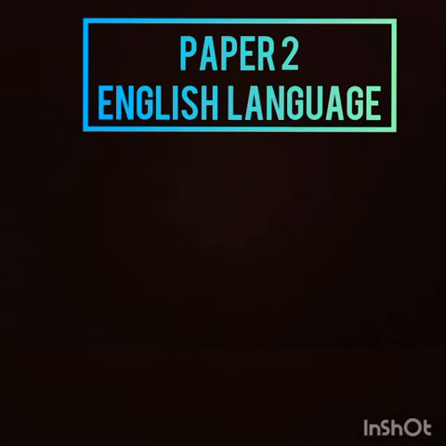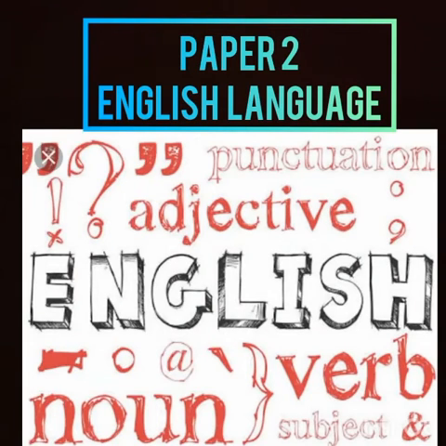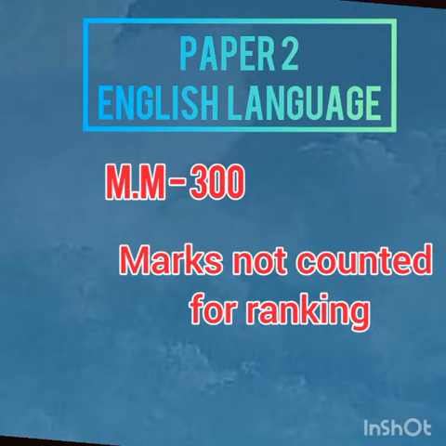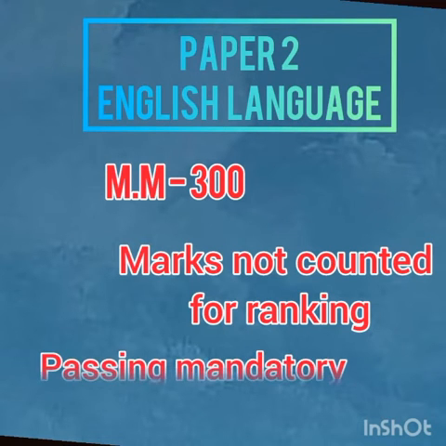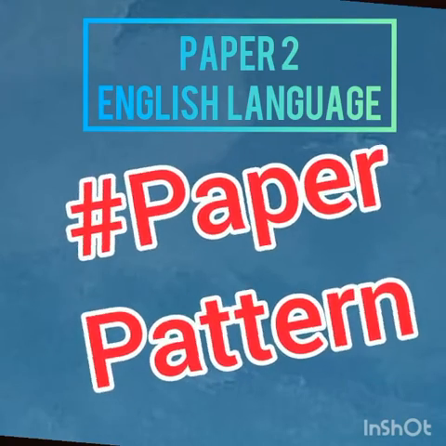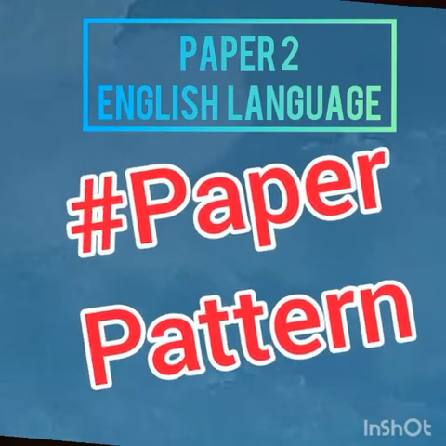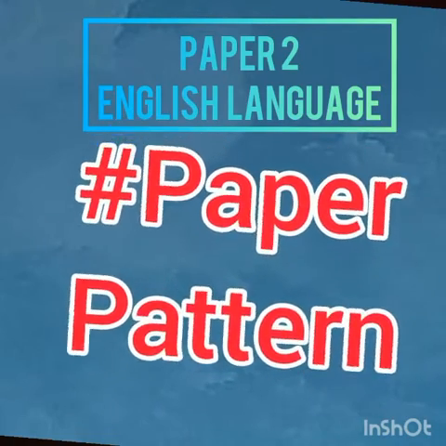Paper 2, English language. It is of 300 marks. As in paper 1, marks are not counted for ranking in paper 2 also, and passing paper 2 is also mandatory.